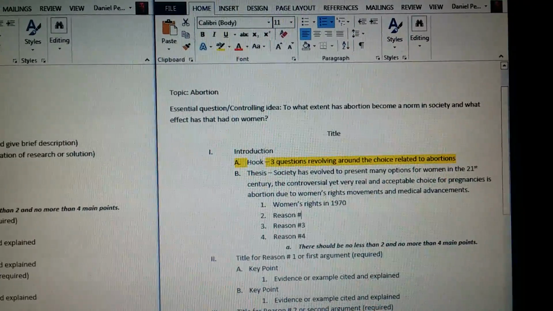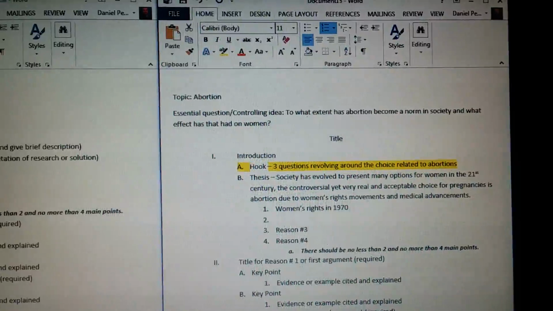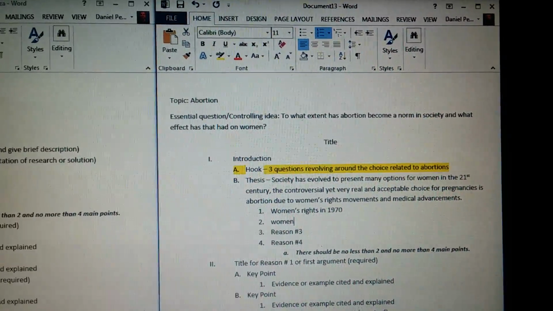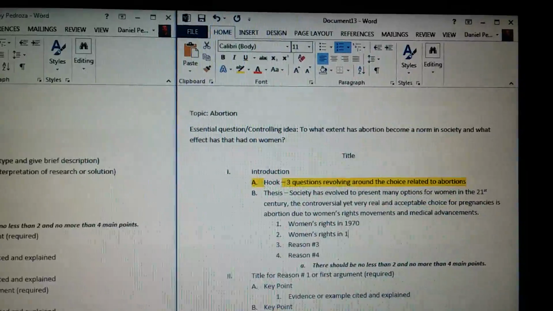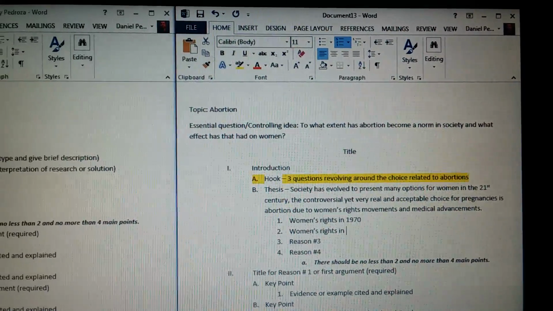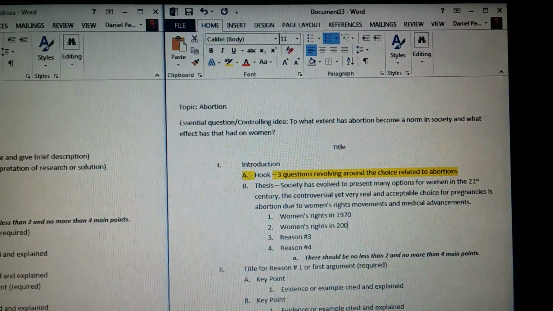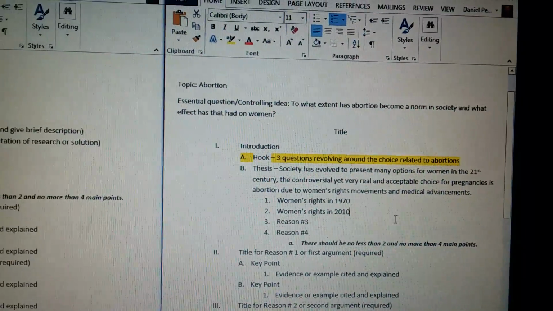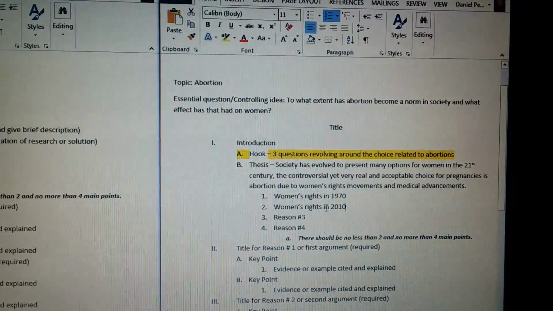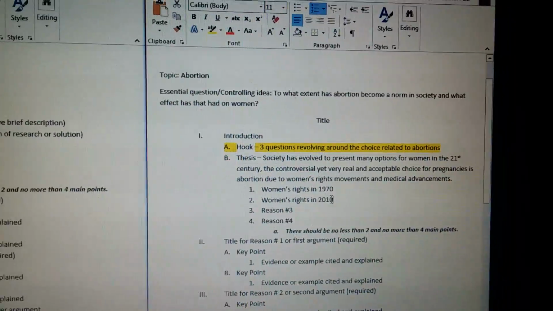And here, I'm going to talk about women's rights in, let's just say 2010. Let's make a big jump there. Okay? So let's just say I have facts and information on these 2.